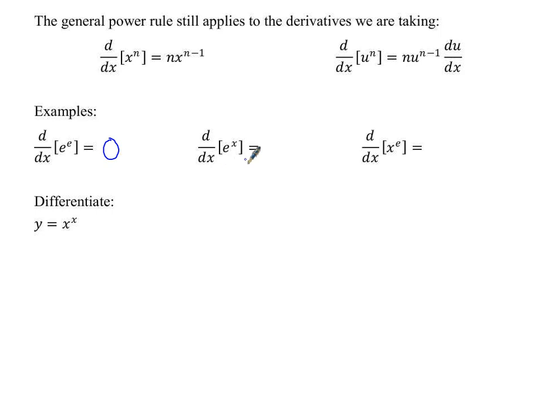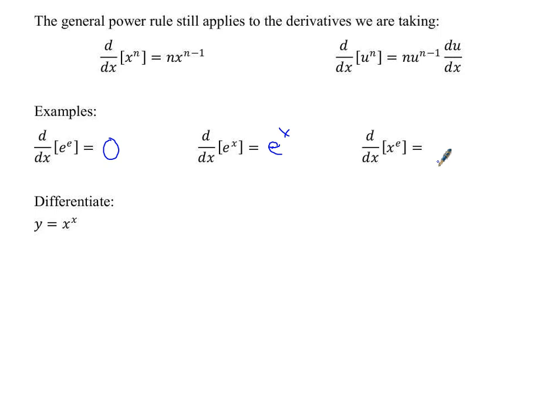What about the derivative of e to the x? It is e to the x. That was the whole point of e to the x. It's its own derivative. But what about x to the e? The answer is sitting right in front of your face.